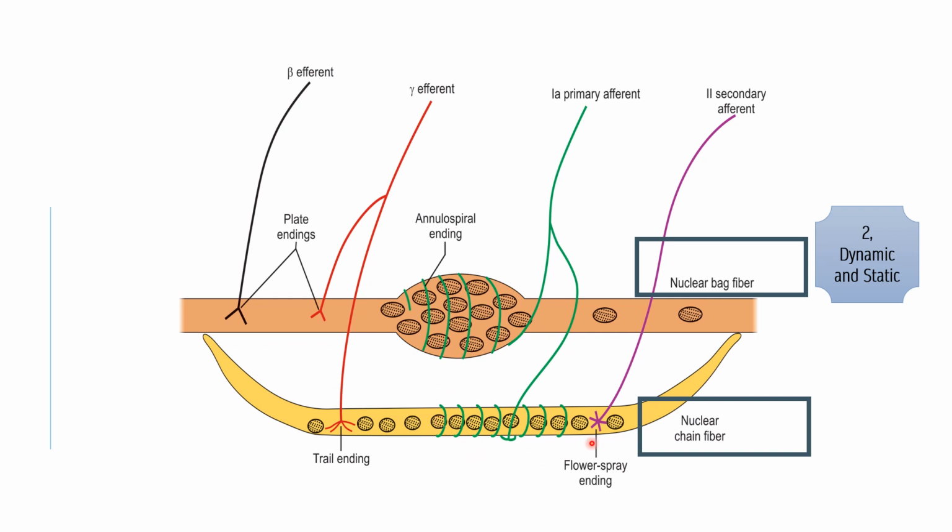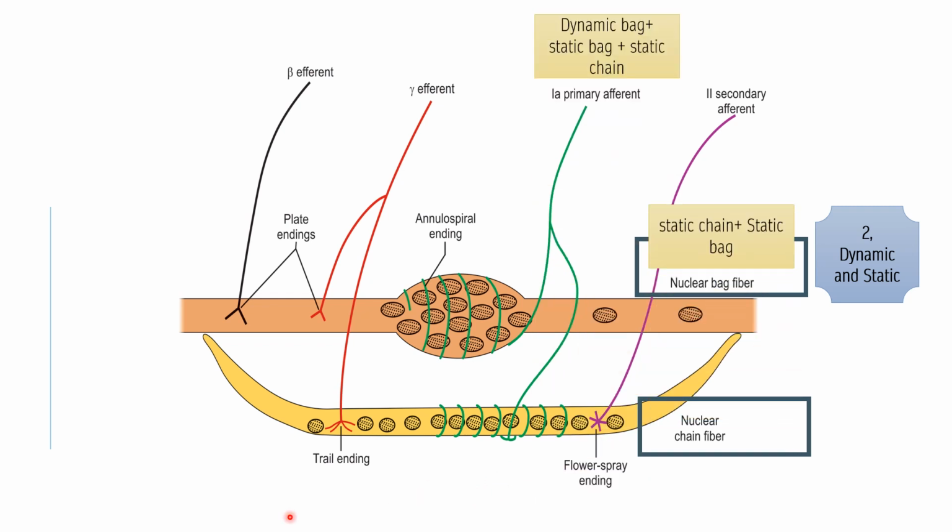Another type of fiber we can see here actually has the flower spray ending near the peripheral end. From this, group 2 afferent fibers arise. So we can say this 1A takes the information from dynamic bag, static bag, static chain, and this type 2 takes information from static chain and static bag.